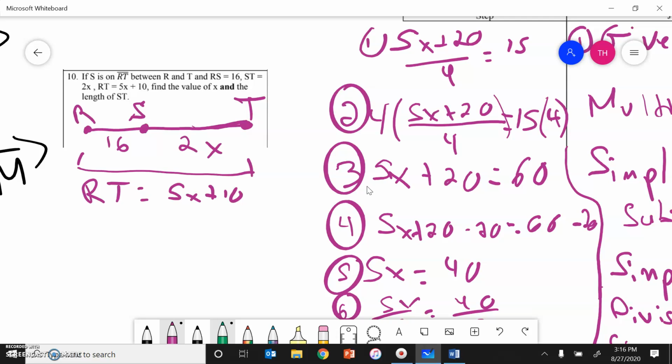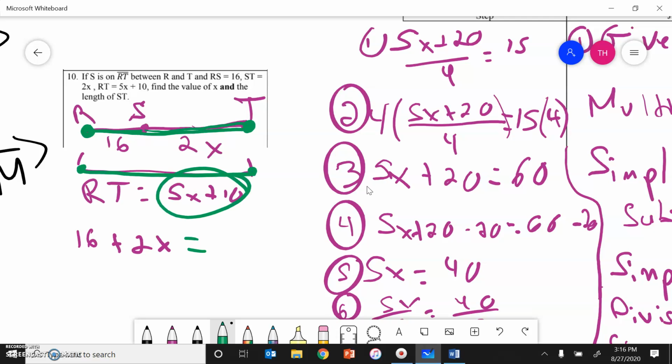Okay, well, if I use the segment addition postulate, I can say 16 plus 2x. Again, that's this 16 plus this 2x. Well, that should equal the entire segment RT, which was 5x plus 10. So now what we've got to do is solve.